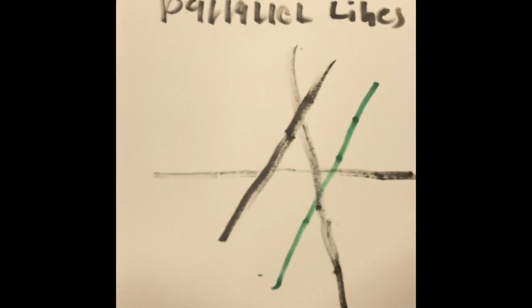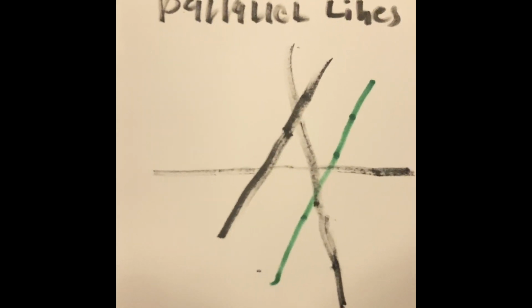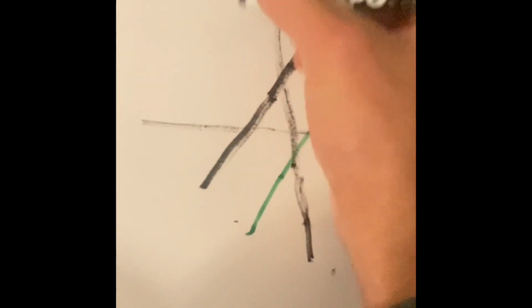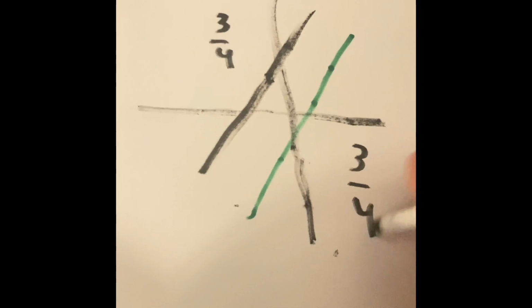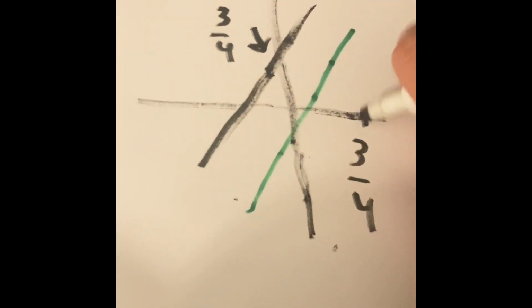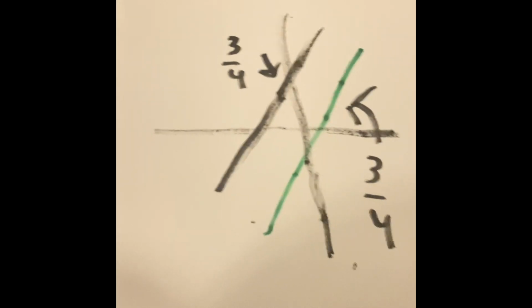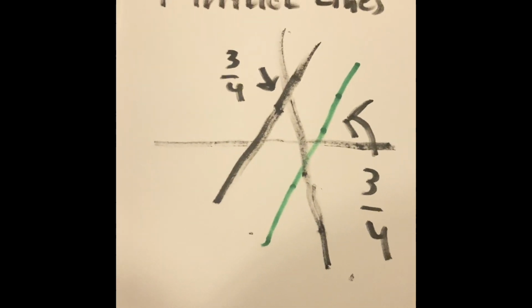And since they're parallel, they can never ever touch each other. So let's say this is 3 over 4, and the other one is 3 over 4. Same slope, parallel lines. So here's an example of parallel lines, but in a really strange way.